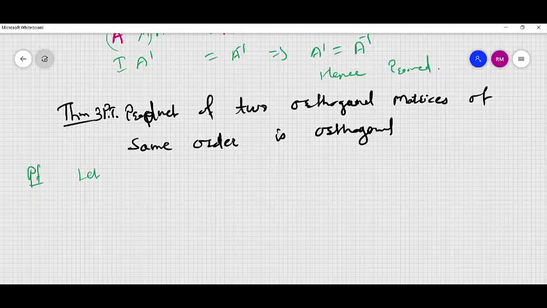So to take the product, we have to take two matrices, say A and B, that are orthogonal matrices of same order.